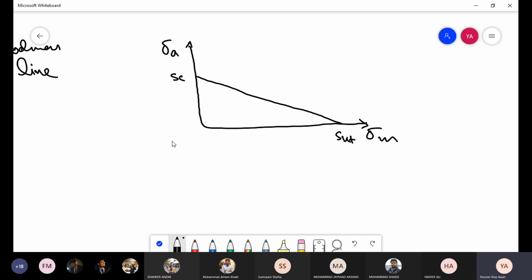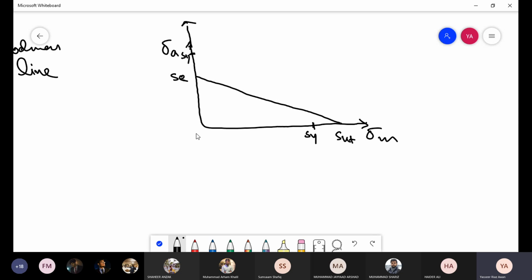As you are increasing the mean stress, there would be a point where the material would start yielding. Now, how to take care of that? We take care of that by drawing a line that we call the yield line. So if this is SE, obviously SY would be larger than that.